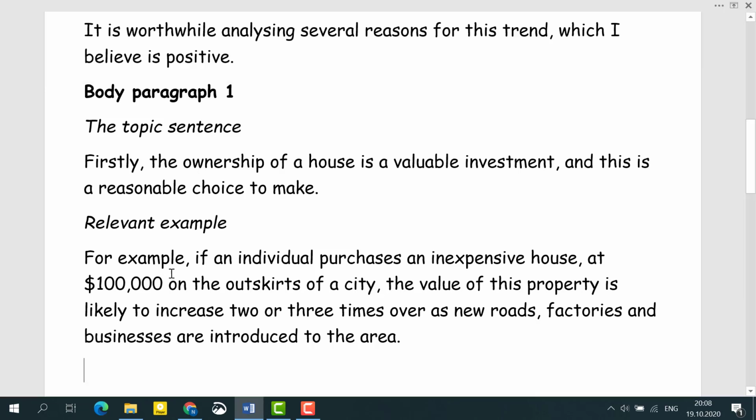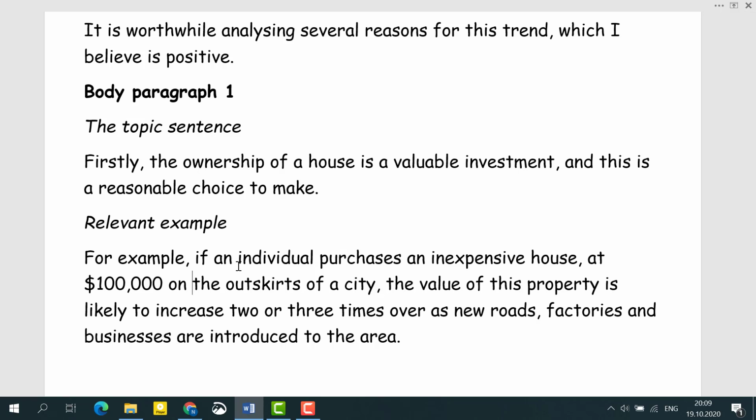So for example, the examiner really wants to see that it's an example. If an individual, remember, if an individual, not you. Lots of international students really like using the pronoun you. If you purchase, not you, but if an individual, if a person, or if one purchases, not I or we.